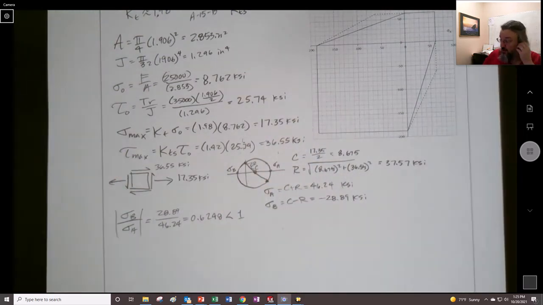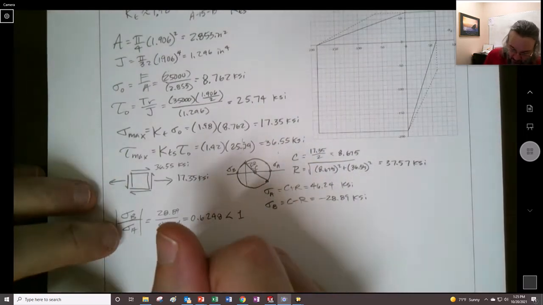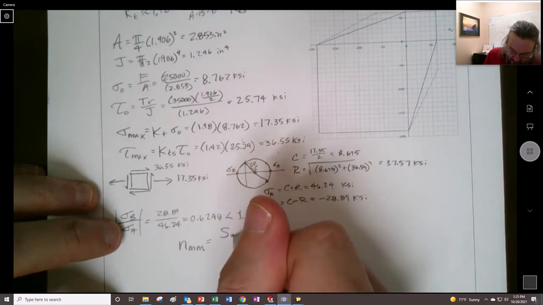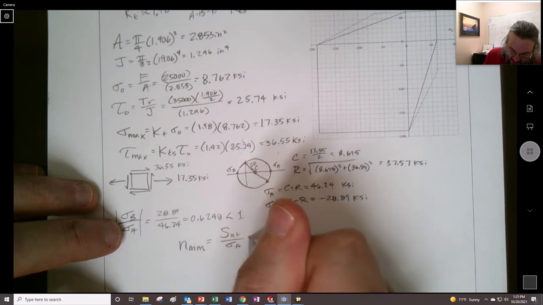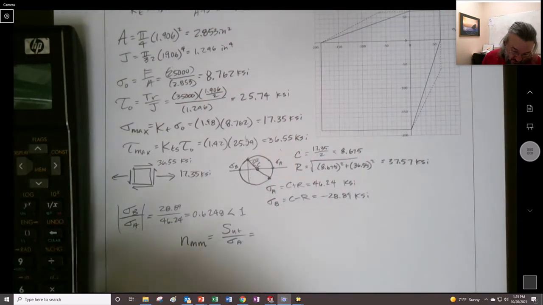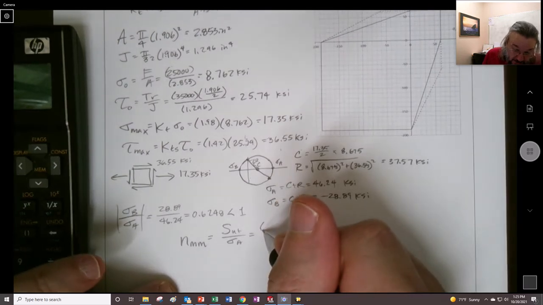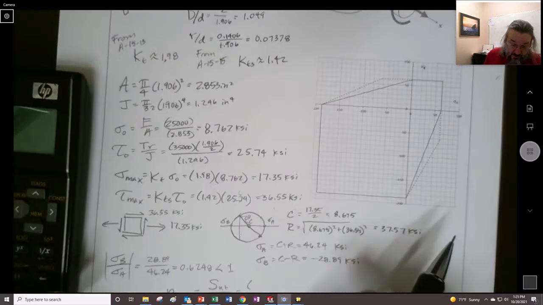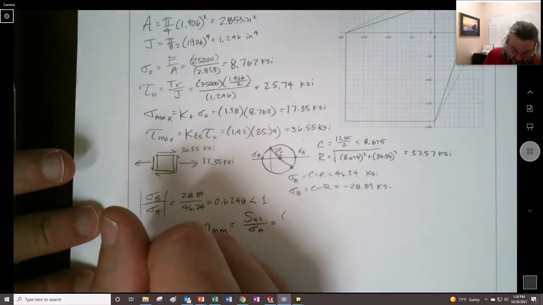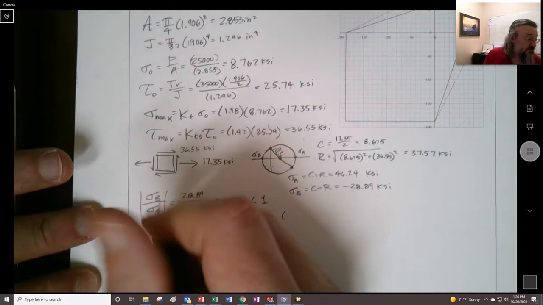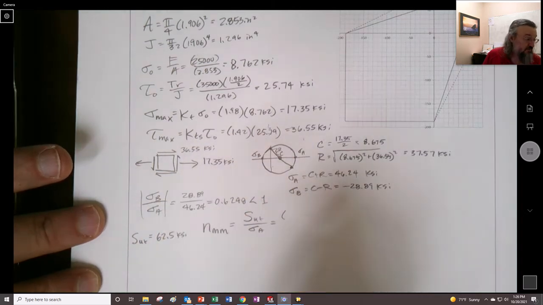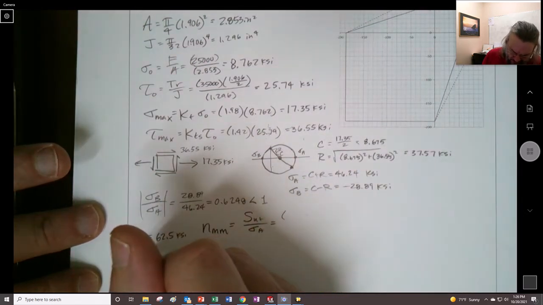So therefore, the safety factor for our modified Mohr is simply going to be the ultimate strength divided by sigma A. We don't even use sigma B for anything. So that's simply going to be, oh, we didn't look it up. All right, so I need to look it up. This is for ASTM 60. So the ultimate strength in tension for this is 62.5 KSI. That comes from table A-24, I think.